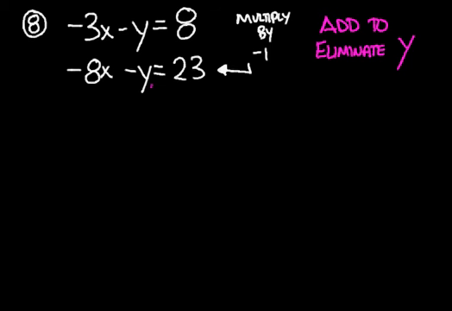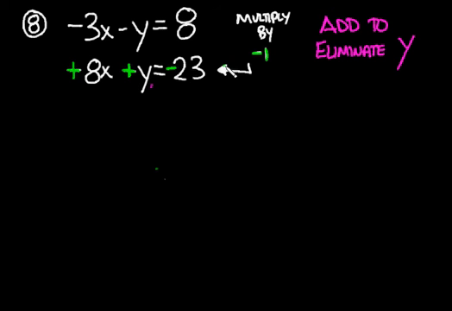All right, so the first term, when we multiply by negative 1, negative 8 times negative 1 makes it positive. For the y, when I multiply negative y by negative 1, negative times negative makes it positive. And then 23 times negative 1 makes it negative.